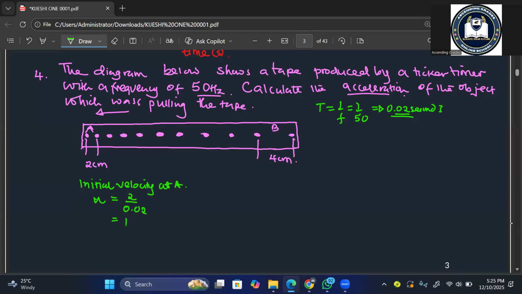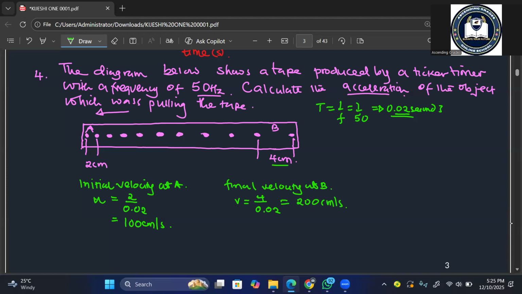And this one will land us at 100 centimeters per second. We have our final velocity at B. Then I can say B will be given by 4 centimeters divided by 0.02. This one will be 200 centimeters per second.